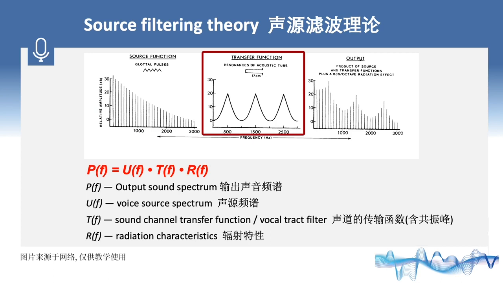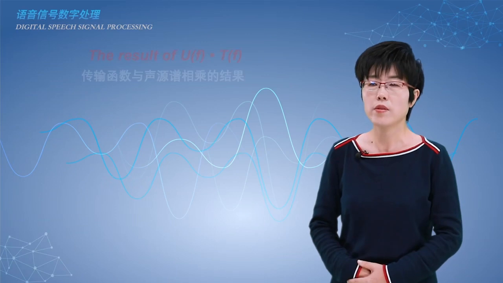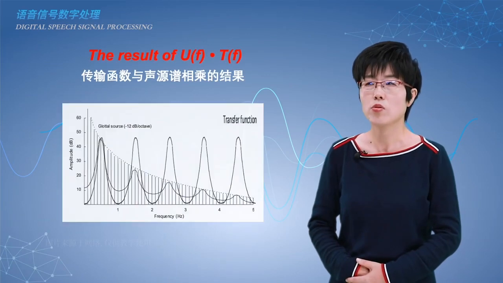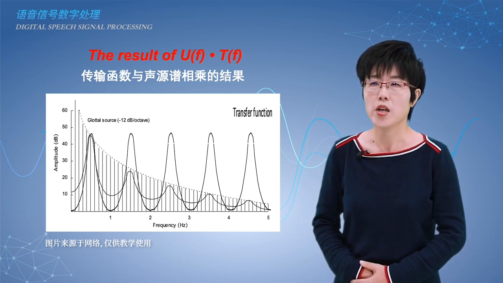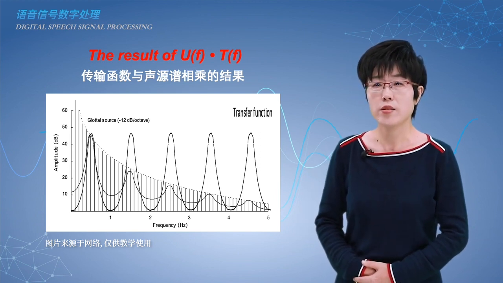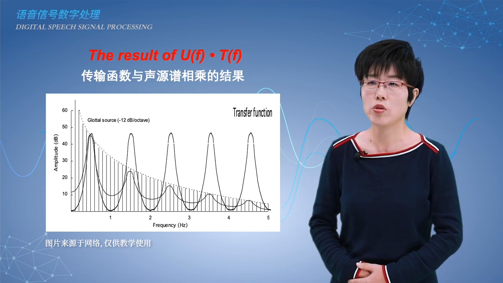The source channel transfer function is the vocal tract filter, which shows the character of resonance of the acoustic tube. Assuming that the glottal source has 12 dB attenuation per octave, the transfer function has some peaks at the positions of formants.